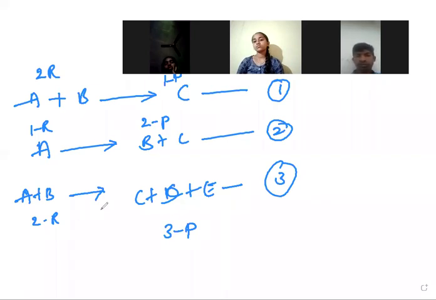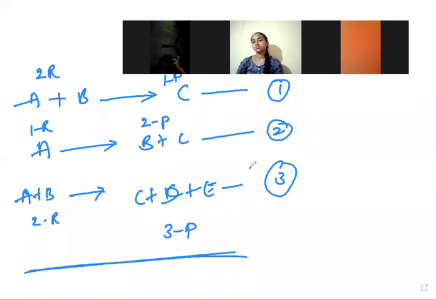So don't get confused with this. It is not correct to say that two reactants will give only one product, or only two products. The number of reactants and products is not fixed in any chemical equation. This is also very, very important.